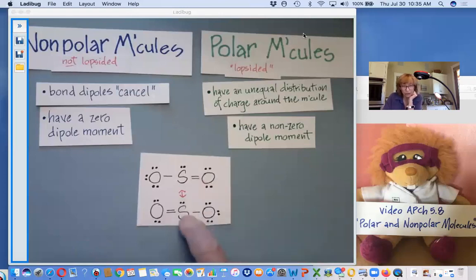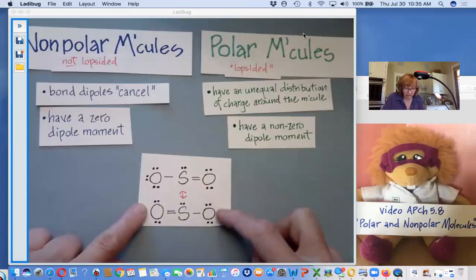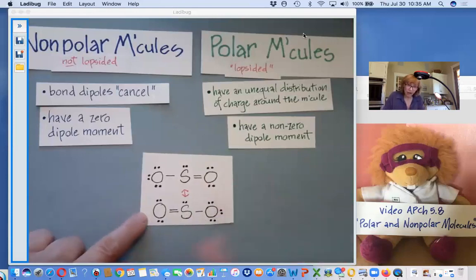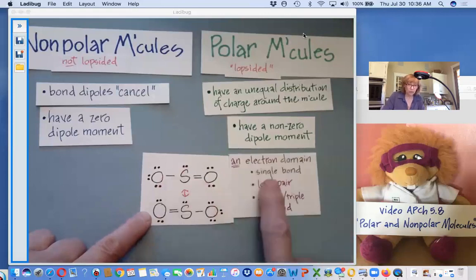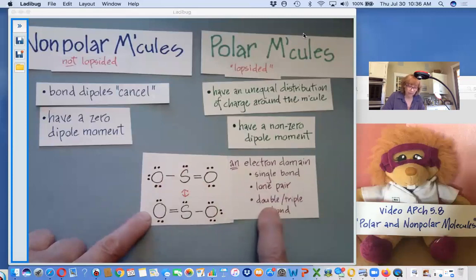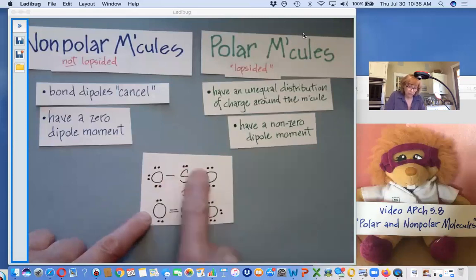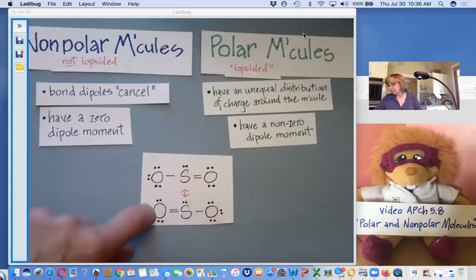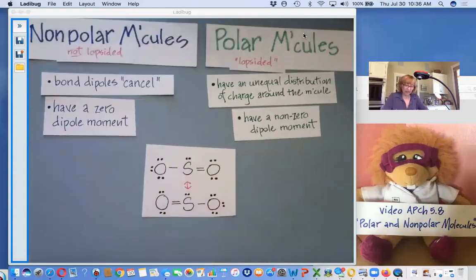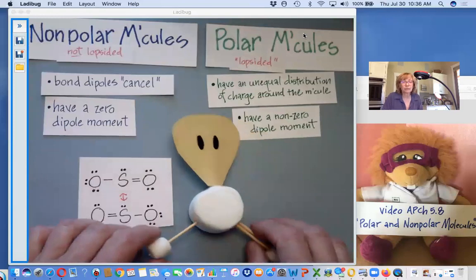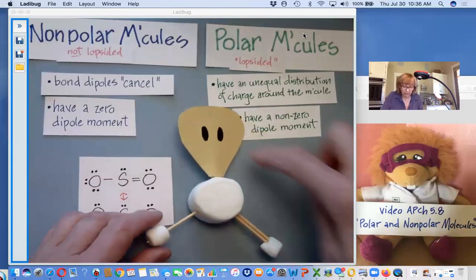Neither of these structures is actually correct. The true value is a blend of the two. But in either case, our central atom has 3 electron domains. Again, remember guys, an electron domain can be a single bond, it can be a lone pair, or it can be a multiple bond.